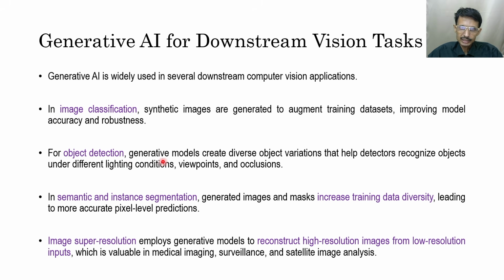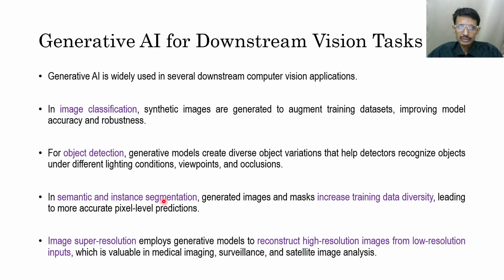For object detection, generative models create diverse object variations that help the detector recognize objects under different lighting conditions, viewpoints, occlusion, etc. You can understand that these challenges can easily be handled by efficient use of generative AI.